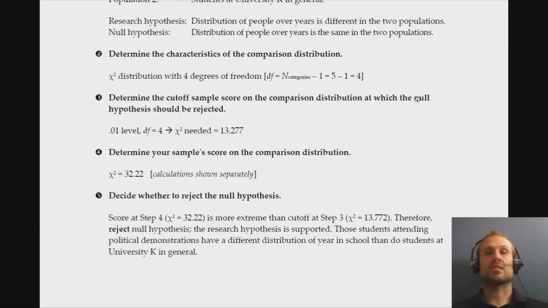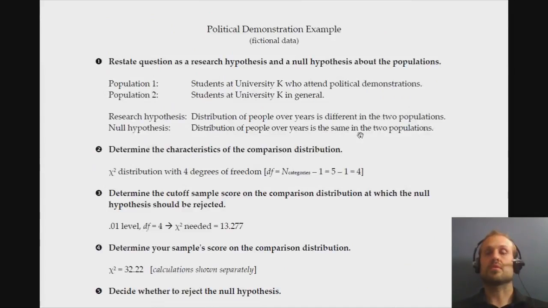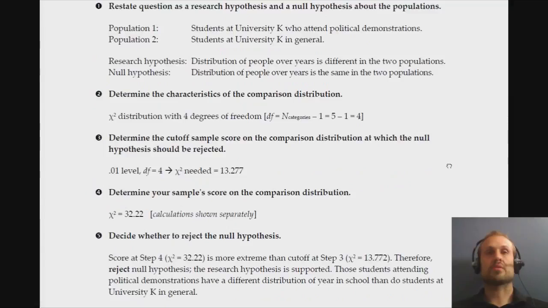So I can reject the null hypothesis. They're not the same, in favor of the research hypothesis, and conclude at a confidence level, an alpha of 1%, they are in fact different.